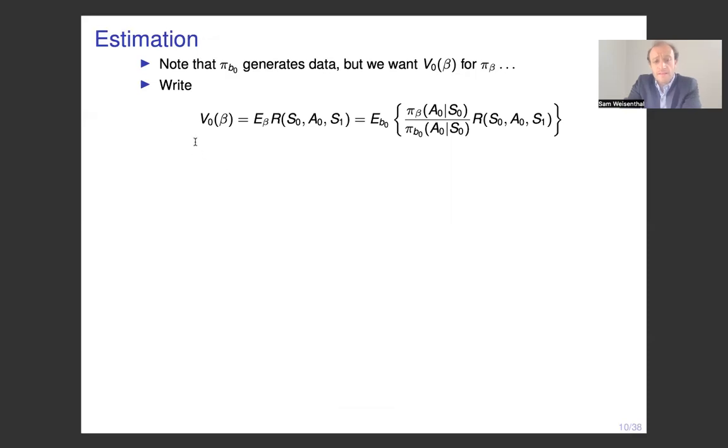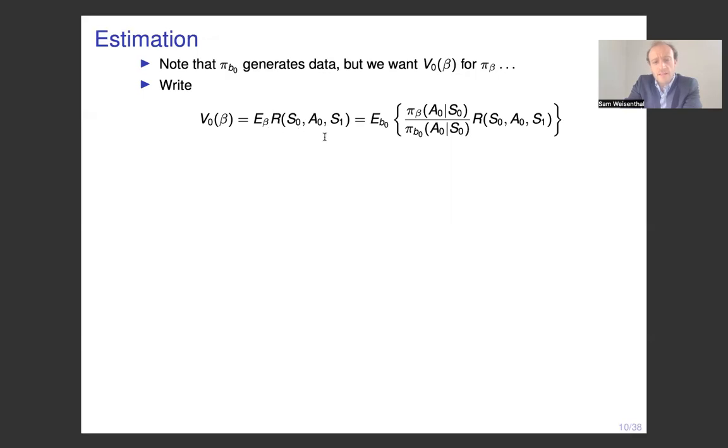So one can write the value. The value of an arbitrary parameter, which indexes a policy, is the expected reward under the policy parameterized by that parameter. One can multiply this reward by pi b naught over pi b naught.